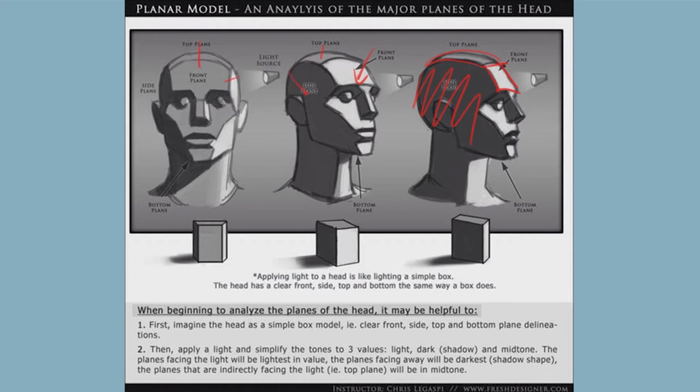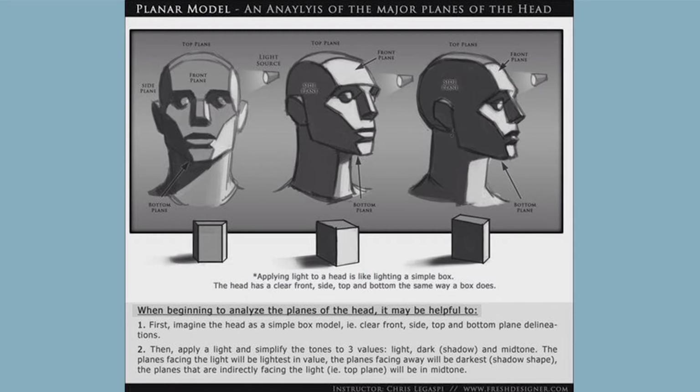It doesn't necessarily matter where the light source is coming from. You just want to be able to figure out that when you know where your light source is and where it's pointing, you can figure out what is going to be light, what is going to be mid-tone or almost into shadow, and then what's going to be in that shadow zone. So whatever method helps you to think of the head as a square, a circle, whatever it is, that's what we're going to go for.